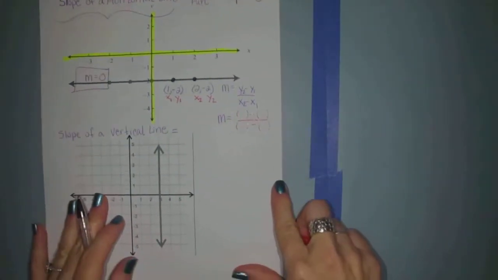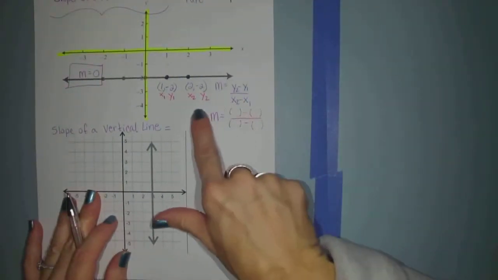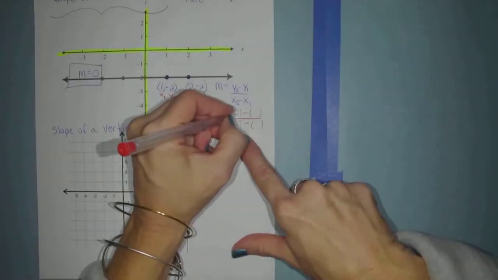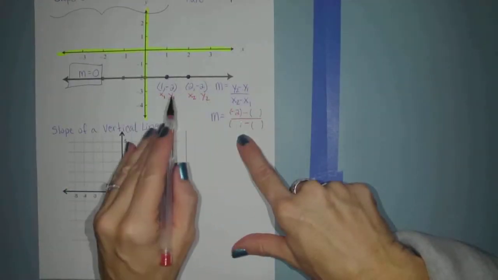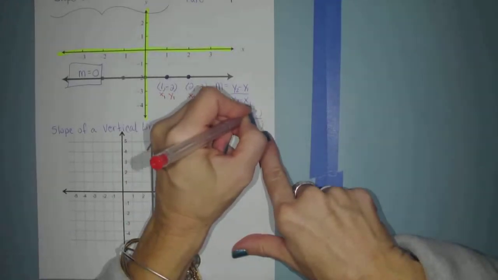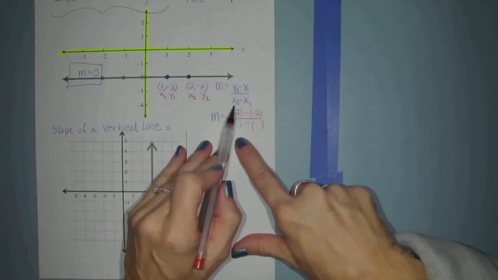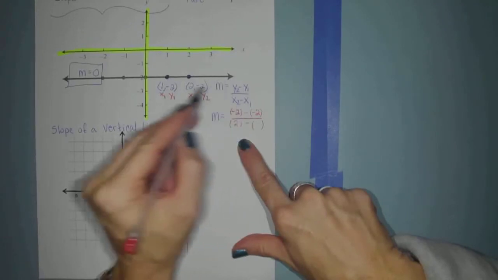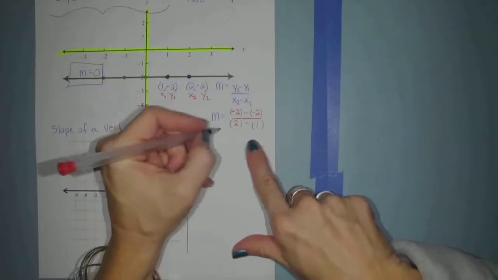Now we know y sub 2 is right here, -2, minus y sub 1, which is also -2, divided by x sub 2, which is 2, minus x sub 1, which is 1.